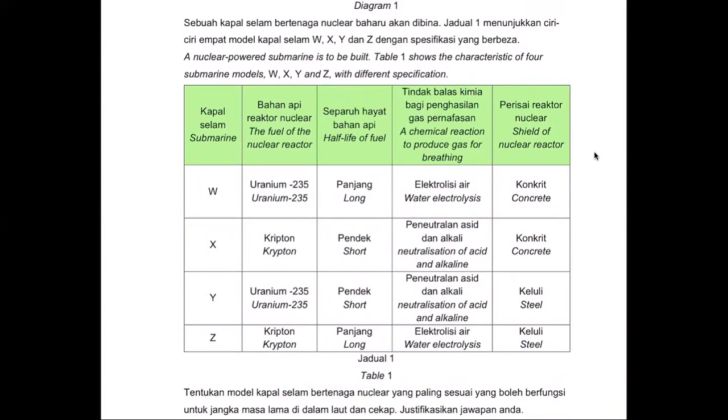And as I have mentioned previously, for essay questions, it is recommended that you answer in table form. 10 marks for this. So the characteristics, the aspects, there are 4. The fuel of the nuclear reactor, the half-life of the fuel, a chemical reaction to produce gas for breathing, and also shield of nuclear reactor.